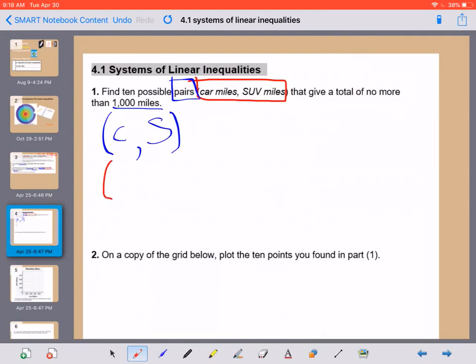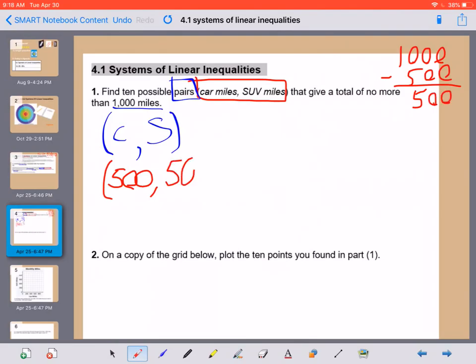So if I drive 500 for my car miles, well, 1,000 minus 500, that means I have to drive 500 SUV miles. That would give me 1,000 miles.